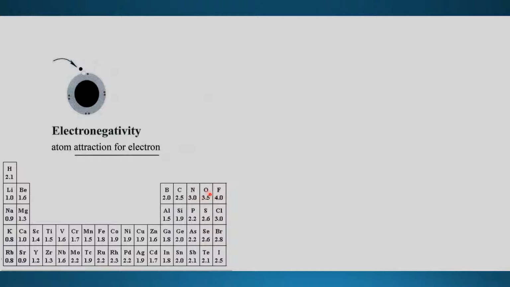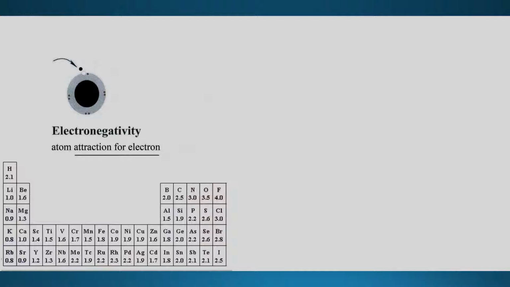Then it comes 3.5, weaker and weaker, 3.0, 2.5, and so on. The bigger the number, the stronger the electron pulling.